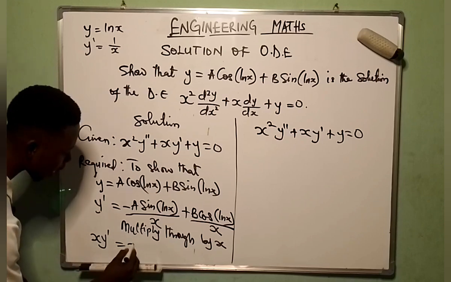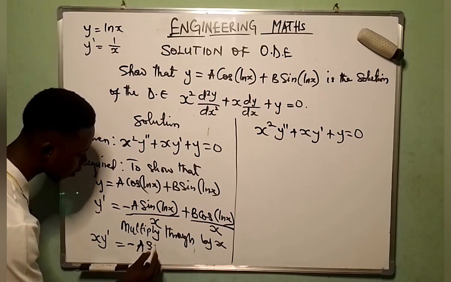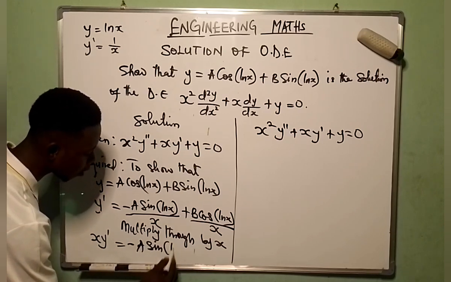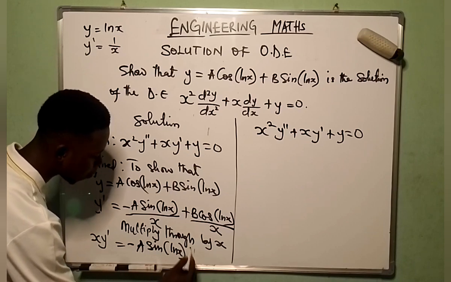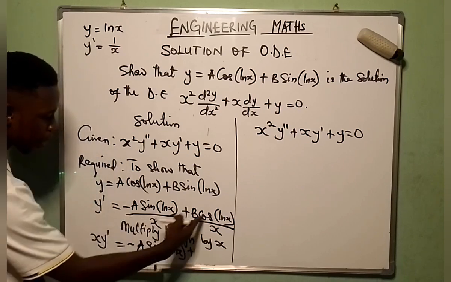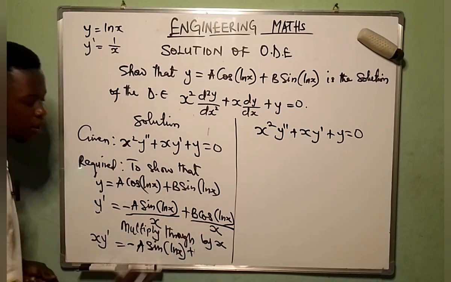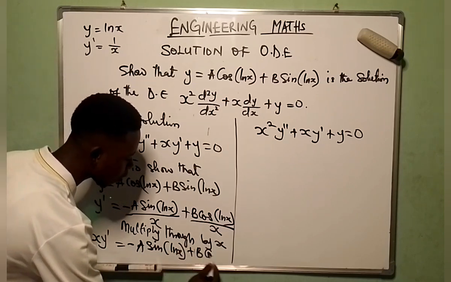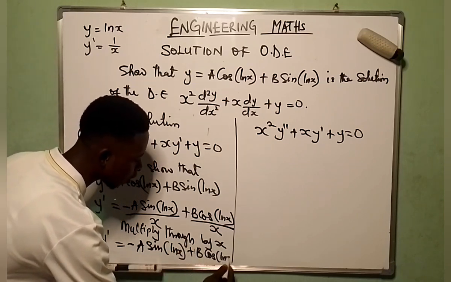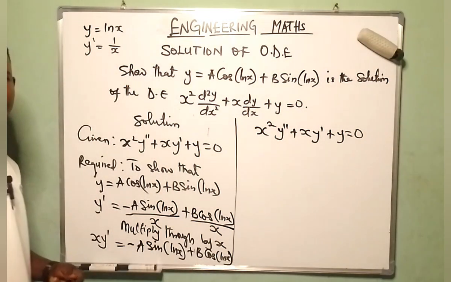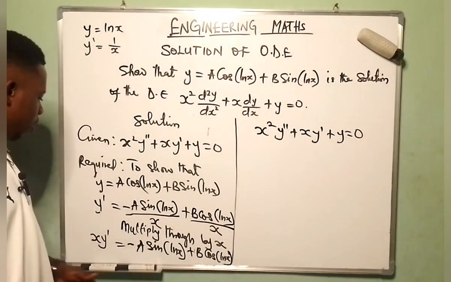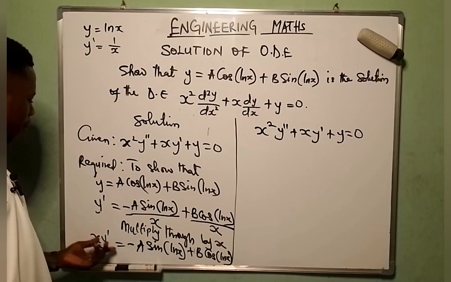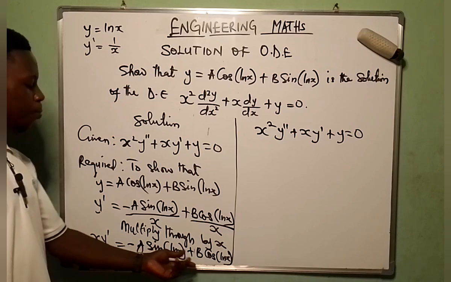You will be left with minus a sine ln x plus x multiplied by what you have here. The x will cancel the x on the denominator. You'll be left with b cos ln x. As simple as that. Now, you have xy prime equal to minus a sine ln x plus b cos ln x.